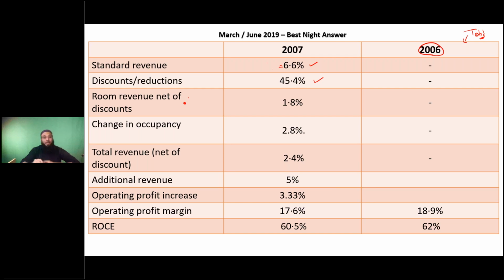Remember, I told you the third percentage: after the discount, what revenue we have earned from the rooms is this one. Change in occupancy, the percentage change of the occupancy. Total revenue net of discount is this one. This is the total revenue including the food and bars as well. Additional revenue, food and bar, operating profit increase.